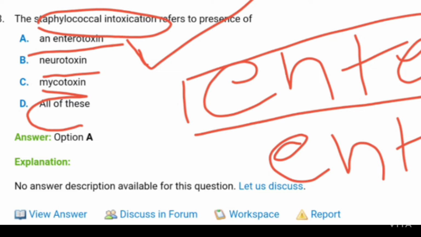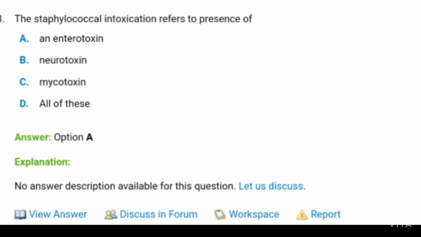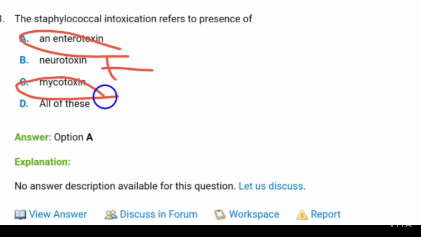So staphylococcal intoxication is called an enterotoxin, not a neurotoxin. Neurotoxins are those toxins which affect the brain. Mycotoxins are those toxins which are released by fungal development, but fungus is not active in enteric regions.